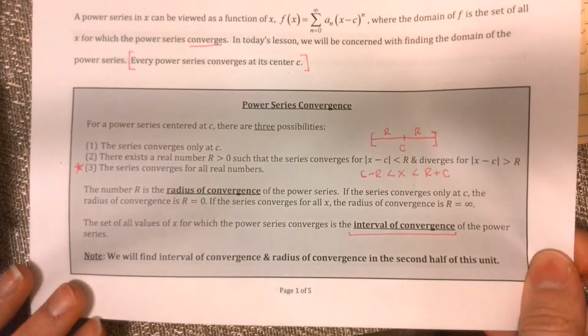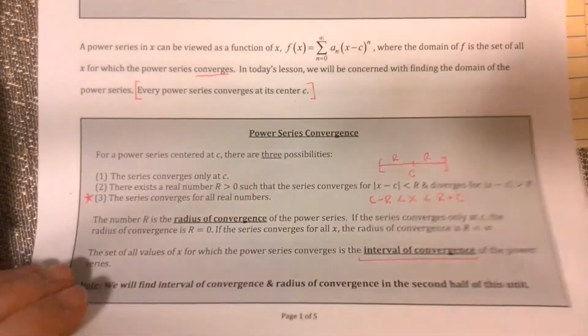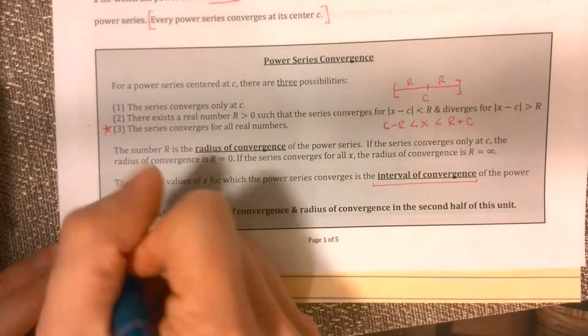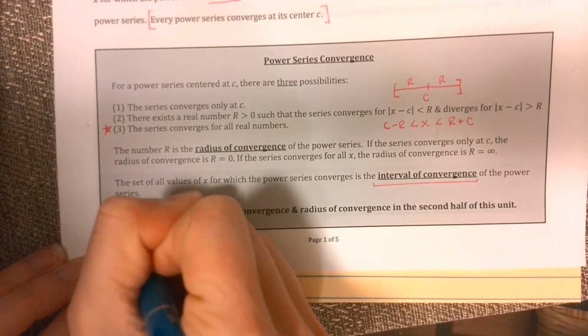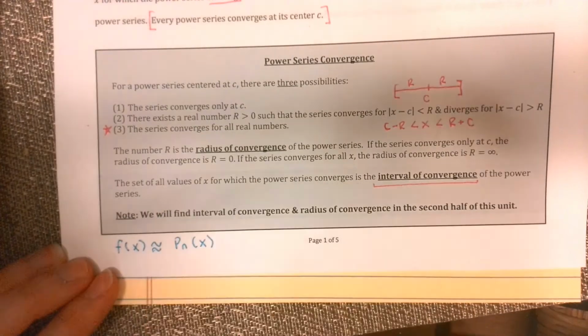before we move on, the difference between what we did last time and what we're doing right now is that a function can be approximated by a Taylor polynomial.